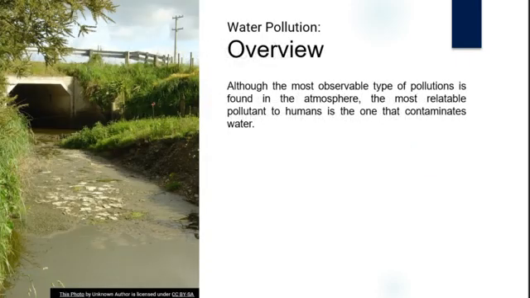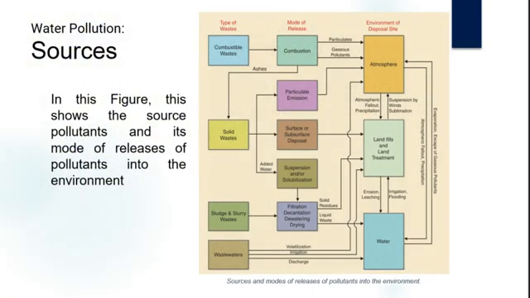Although the most observable type of pollution is found in the atmosphere, the most relatable pollutant to humans is one that contaminates water. Now, this figure shows the source pollutants and their modes of releasing pollutants into the environment. Using this, we can conclude that the atmosphere is the most observable because the pollutants are floating in the air, which we breathe.